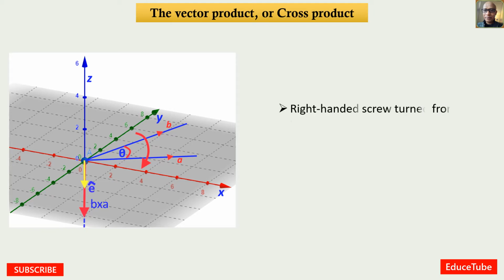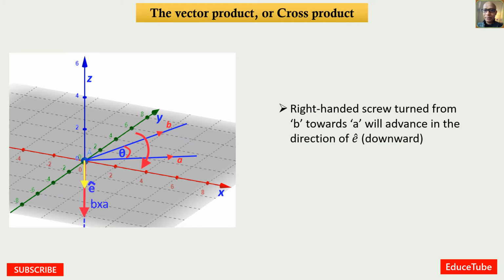Here the diagram looks the same, only one big difference. Before, the right-handed screw turned from A towards B, but now from B towards A. It means clockwise. So before, when it was anti-clockwise, the screw went up, our unit vector direction was up, and the A cross B vector was also up.